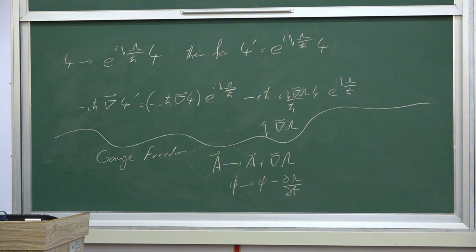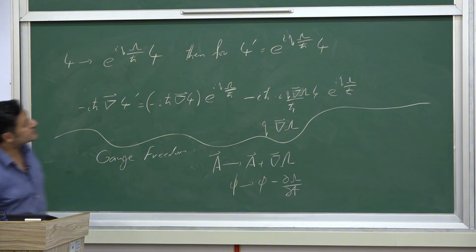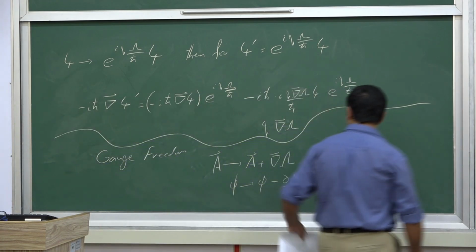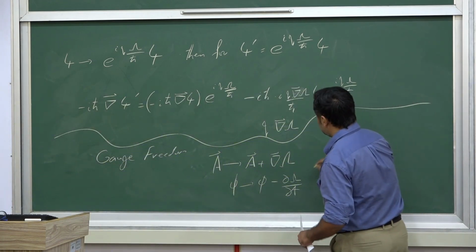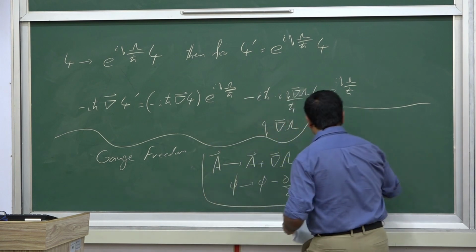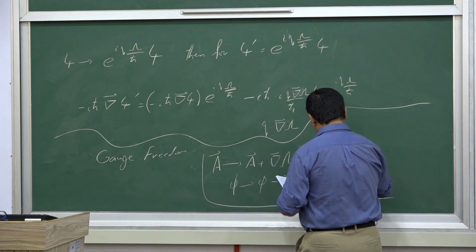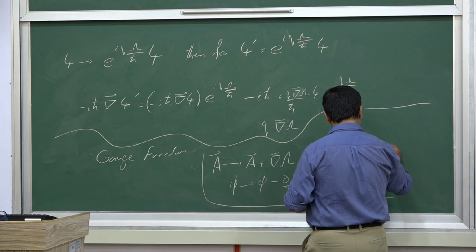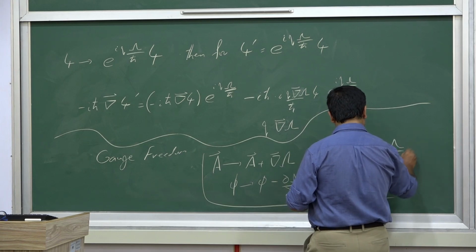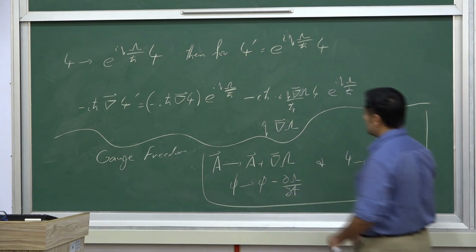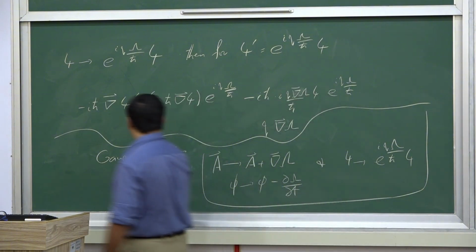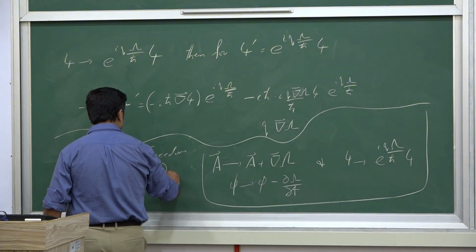Did I use it with the minus or plus gauge transformations over here? And psi going to this is the gauge freedom of QM.